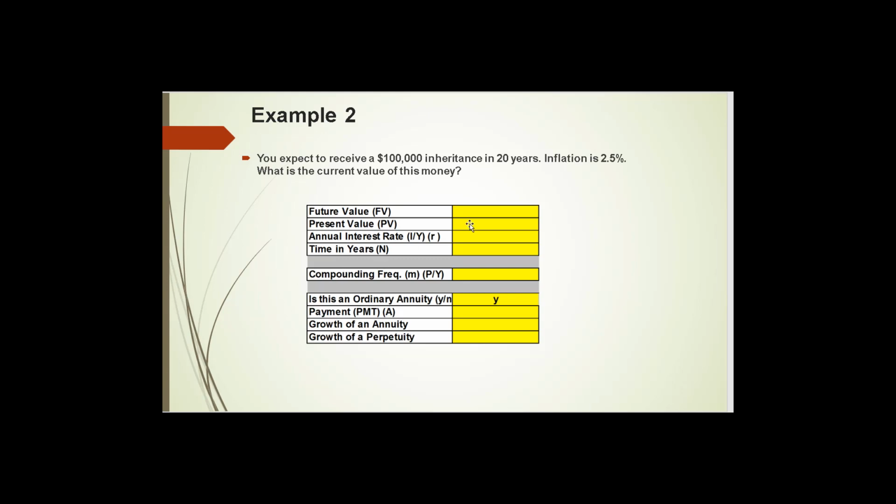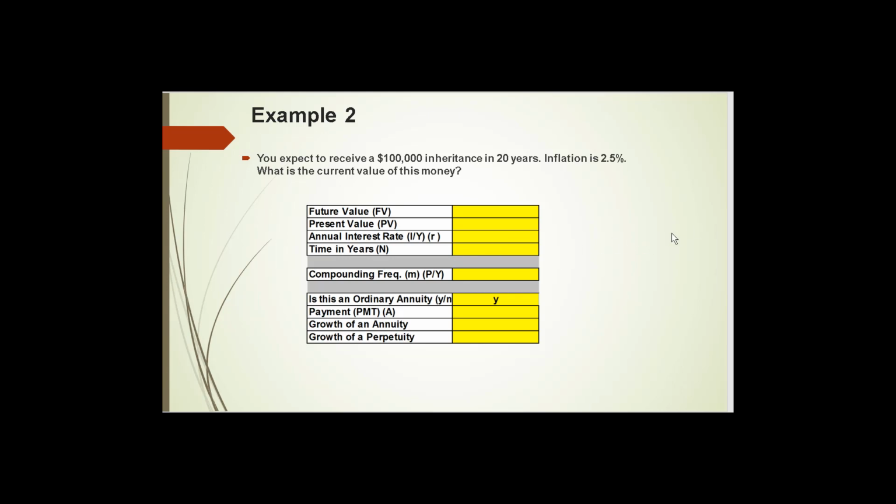So now we incorporate what? 100,000 is the future value. The interest rate is inflation of 2.5%. 1 is the compounding frequency, and the present value of this is $61,027.